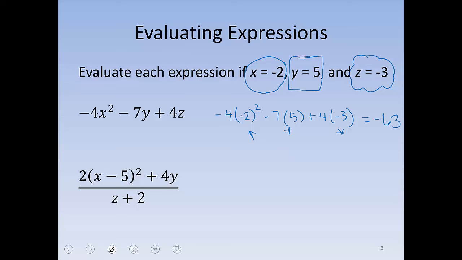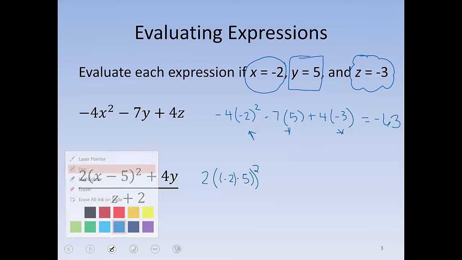Go ahead and write the second one down, and then you can unpause the video so we can try to substitute the values in together. Okay, so I'm going to go ahead and put the values in. That is 2 parentheses, and here I'm going to put in a -2 minus 5 and square that quantity. It takes an extra set of parentheses here if you're going to do it that way, because you have one for, oops, did I have too many parentheses there?